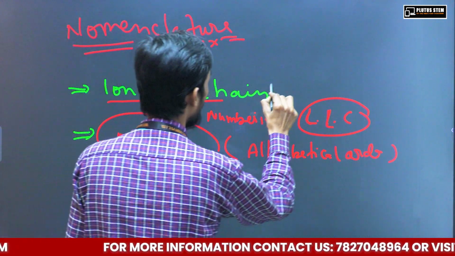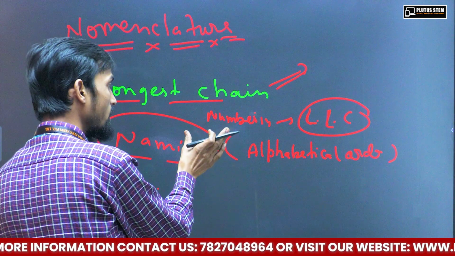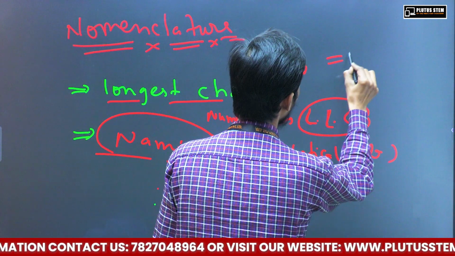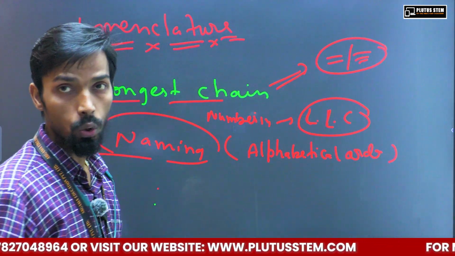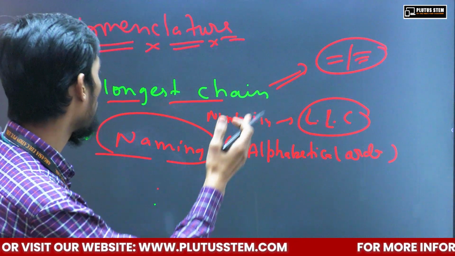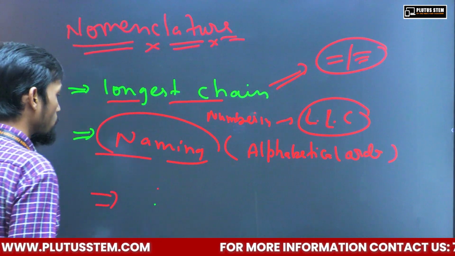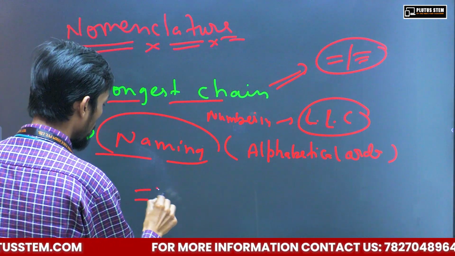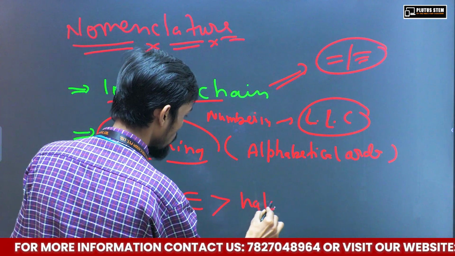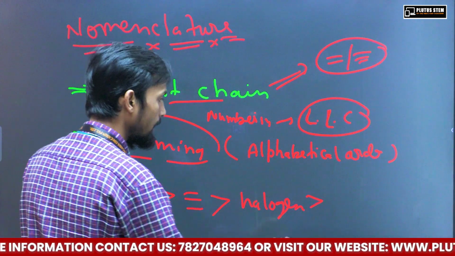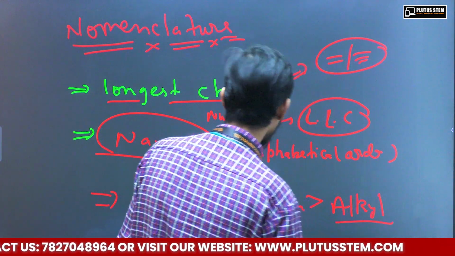So the longest chain, and if it contains a double bond or triple bond, we have to consider that also. It should contain the double bond and triple bond. The chain can be smaller, but it should contain the maximum number of double and triple bonds. And while giving preference, we will see double bond has more preference than triple bond, than these halogen groups and these alkyl side chains.